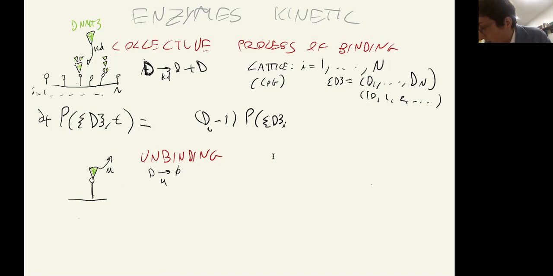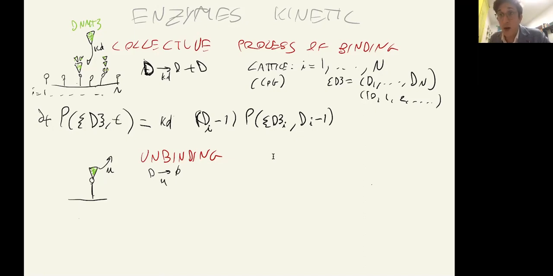Okay, let's add the position here. So at position i, this D_i means the whole vector excluding i, and so D_i minus 1, and this happens with a rate kD. You can say this process is proportional: if every enzyme can call another enzyme, this rate will be proportional to the number of enzymes bound.